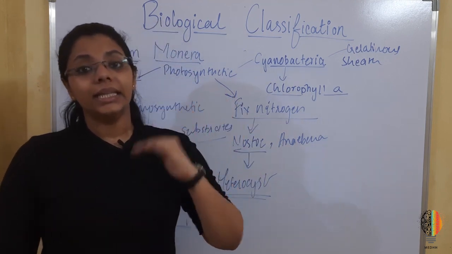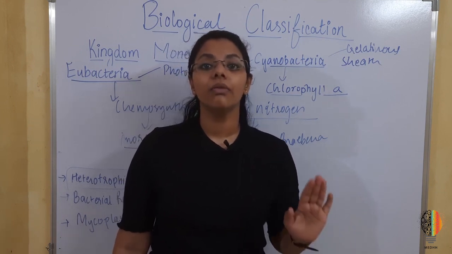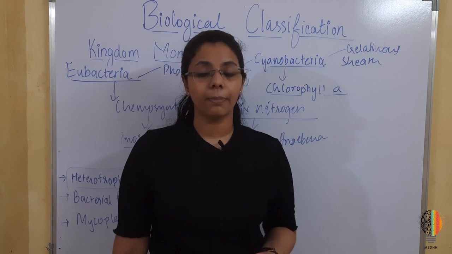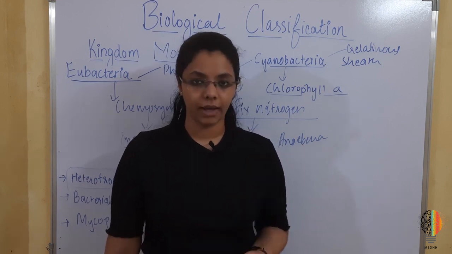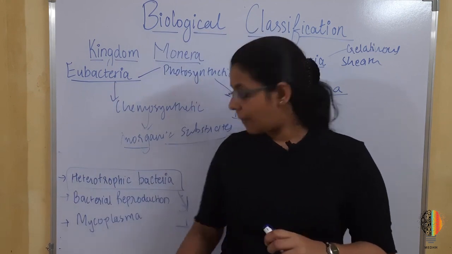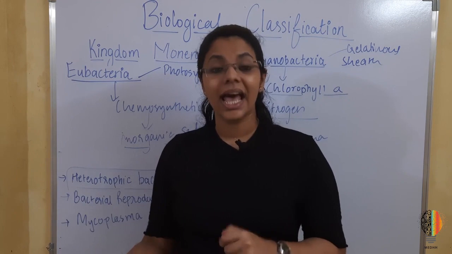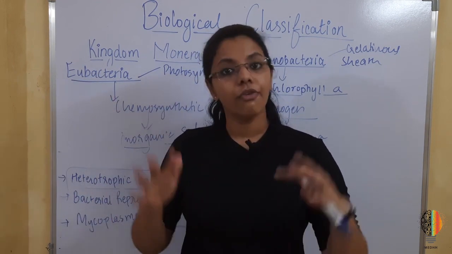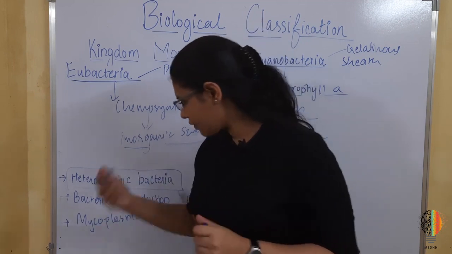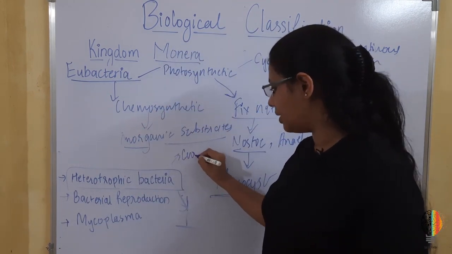But these bacteria are used for human welfare as well. Like in your higher classes, you will be coming across a chapter called microbes in human welfare. So the mechanism adopted by the heterotrophic bacteria produces certain products that are used for our benefit, for human benefit. For example, a simple thing like the formation of curd.